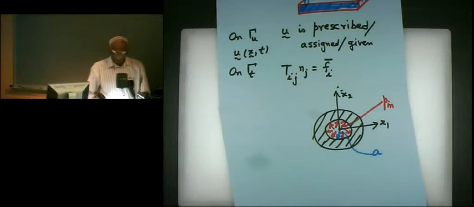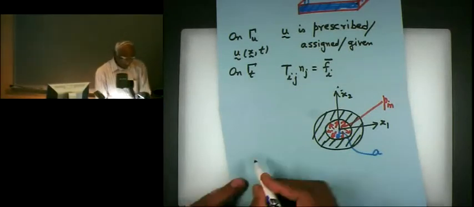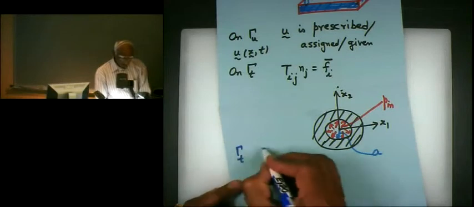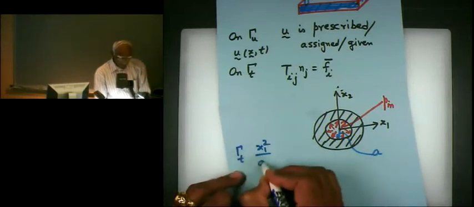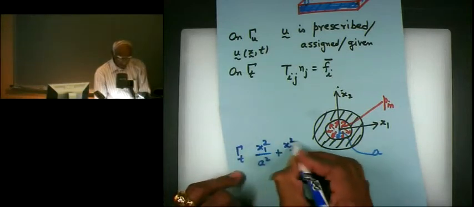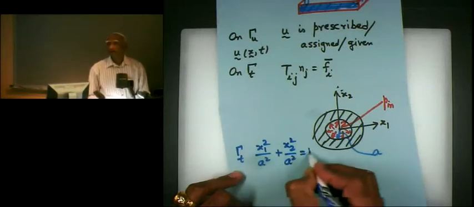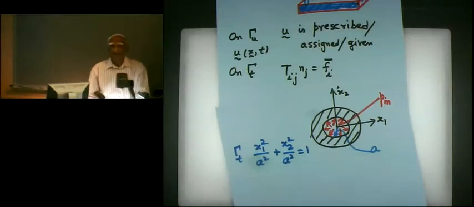Well, first of all, we know the equation of the inner surface, gamma t, is x1 squared over a squared plus x2 squared over a squared equal to 1. Like it's x1 squared plus x2 squared equal to a squared. So that's our part gamma t.